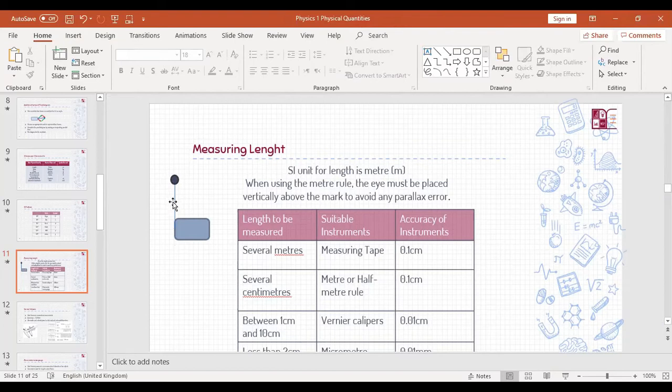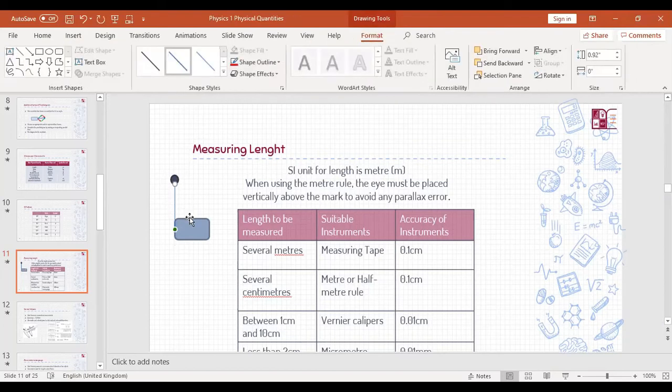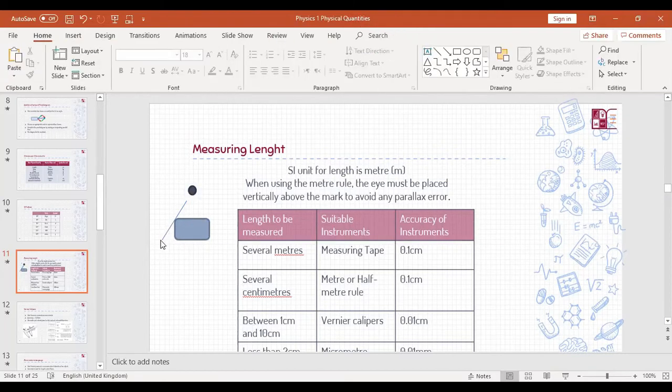Now let's say that your eye is not vertically above the mark. So what you're doing is basically, let's say you're looking at an angle, and this is where you're looking from, all right? Now this is a problem because you can see the difference between where your eye is being pointed at and where the object ends.